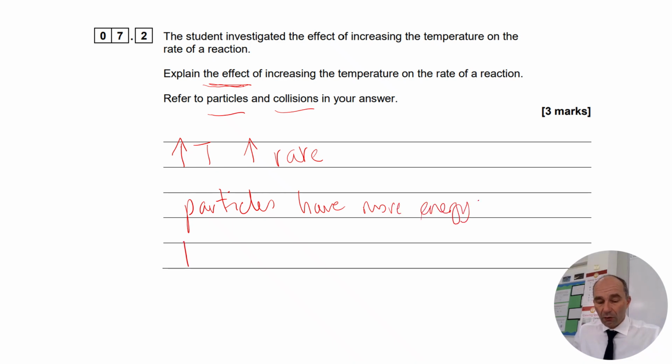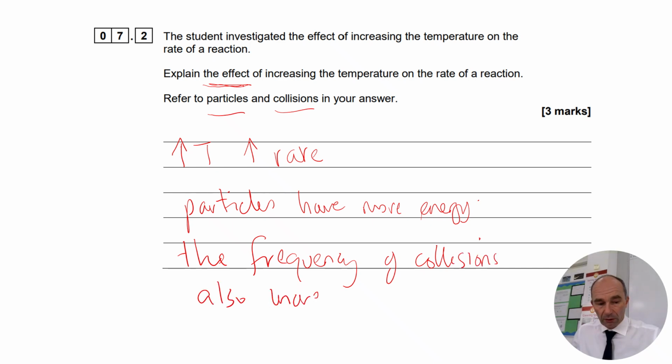So therefore, the frequency of collisions also increases. So remember, the frequency, this is the number of collisions per second. So make sure you're getting frequency into there. So we've also got collisions as our keyword. That's where you're going to get your 3 marks.